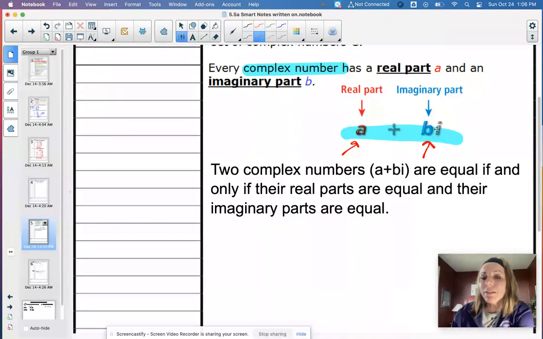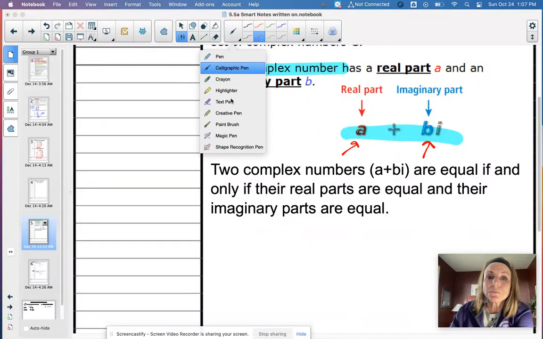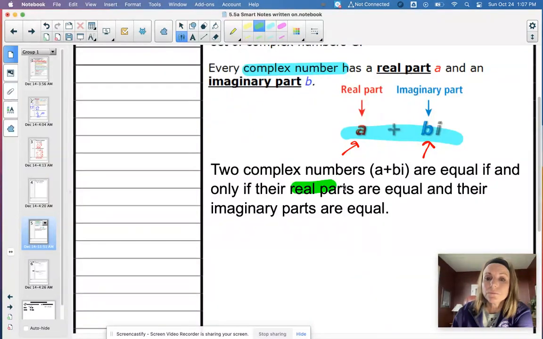So when you're asked what's the imaginary part, you don't say bi, you just say b. It's called an imaginary part because you're taking a real number times an imaginary number, which makes it an imaginary part. Two complex numbers, a plus bi, are equal if and only if their real parts are equal and their imaginary parts are equal.